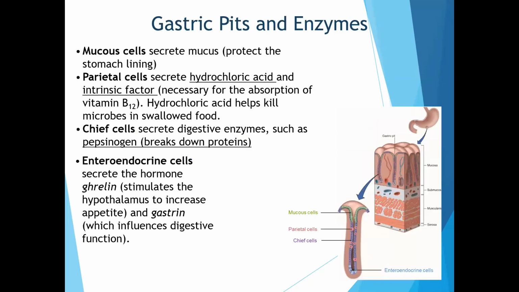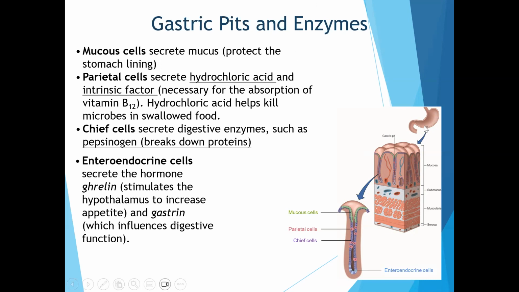Okay, we'll talk about the gastric pits and enzymes a little bit. So our gastric mucosa have depressions known as gastric pits. And there's a few different glands known as our gastric glands, which provide the gastric pits with various components of gastric juice. So just to be clear, this is still within the stomach.